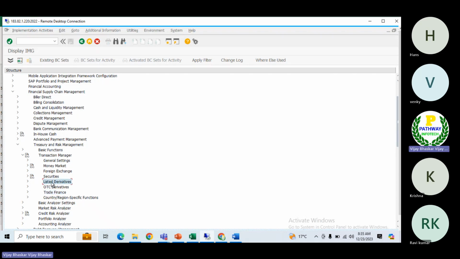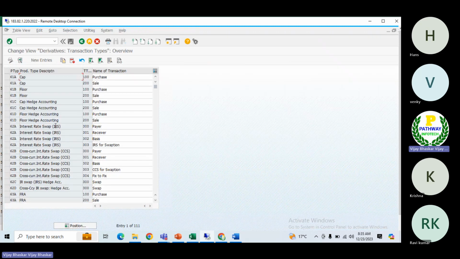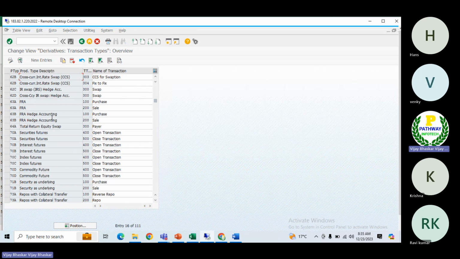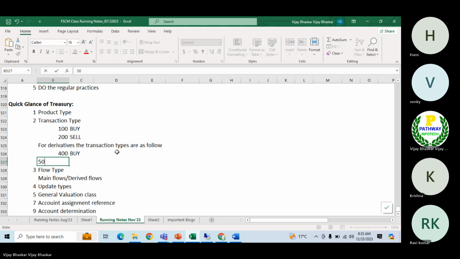Trade finance, listed derivatives, basic settings, master data, transaction. I remember it is 400 and 500 only, exactly. So transaction type 400 and 500, where 500 is the sell. These are the transaction types which are associated with the product type, because they are all interlinked, there is interconnectivity with the product type.